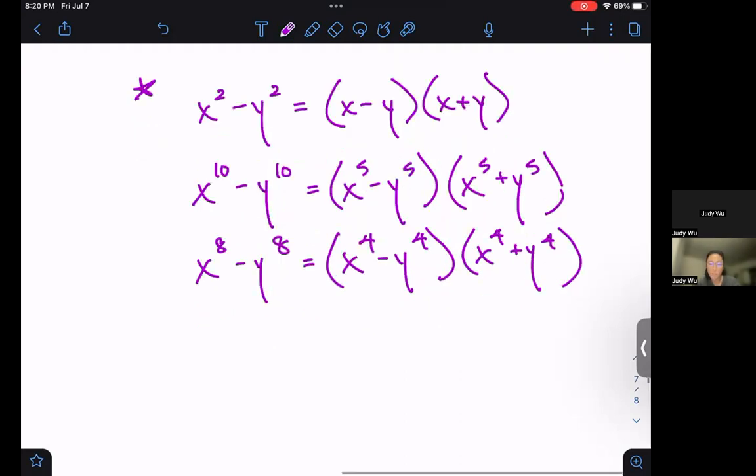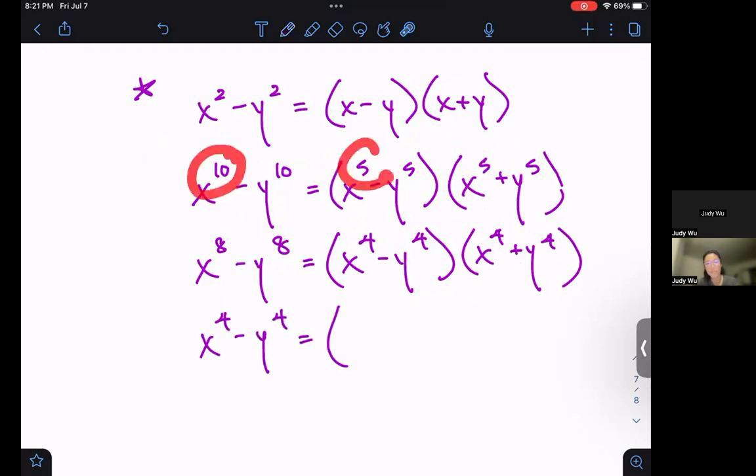So it's not too far of a stretch to say that x to the 4th minus y to the 4th. Let's see, what are we doing to these powers? 10 divided by 2 gives us 5. 8 divided by 2 gives us 4.